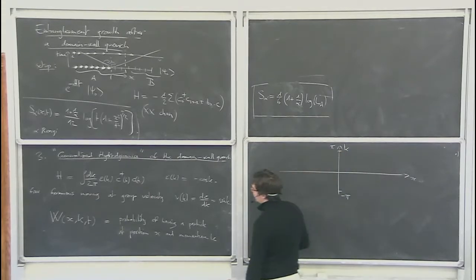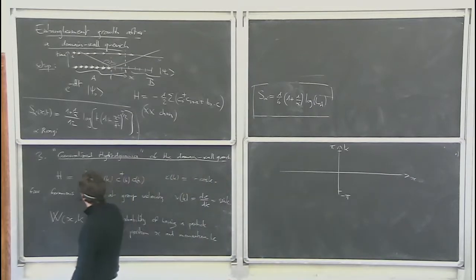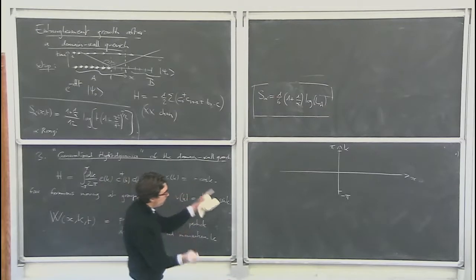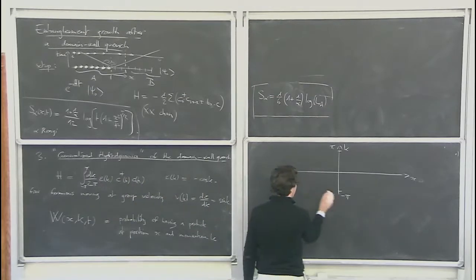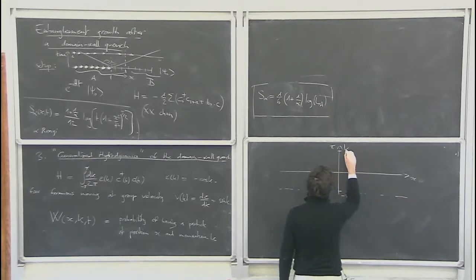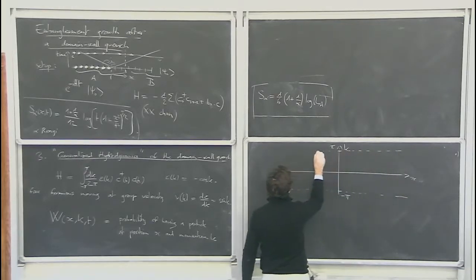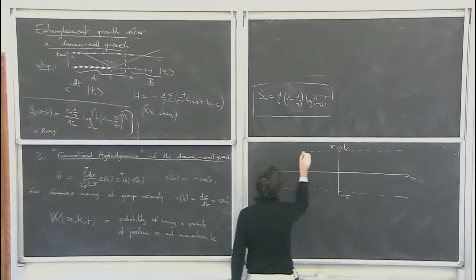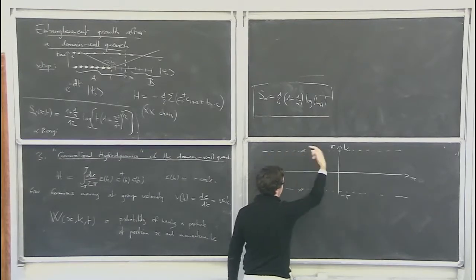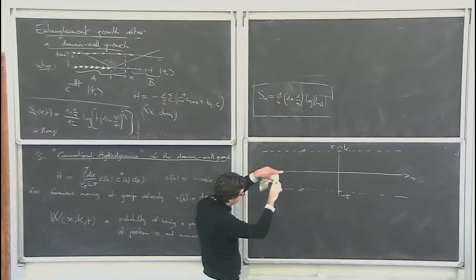This is important. This integral here is from minus pi to pi. The Brillouin zone is compact, so I have periodic boundary conditions here, so it's like a cylinder.